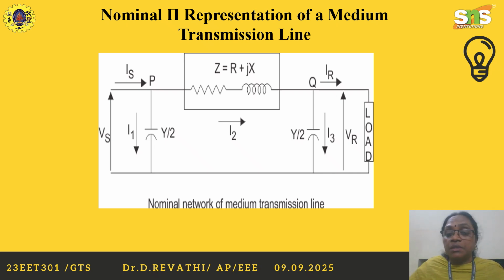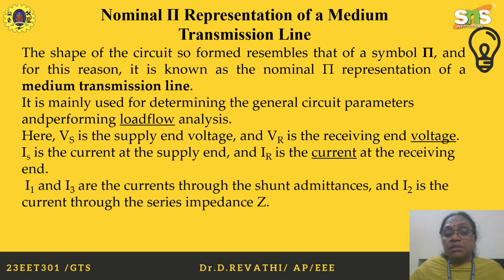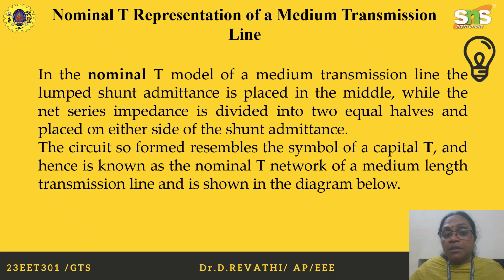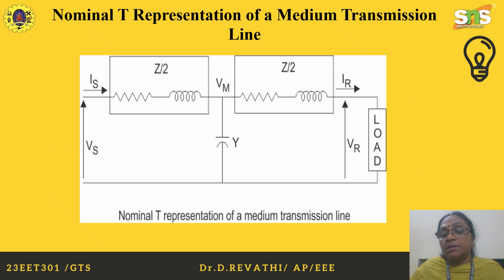Now I will show you the nominal T diagram. The nominal T diagram consists of Z by 2 and Z by 2, that is, two impedances connected with the Y parameter, the admittance, connected in between.